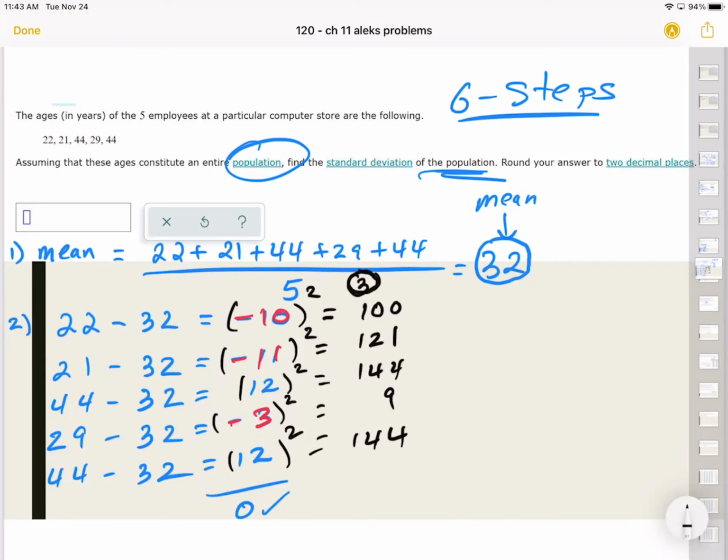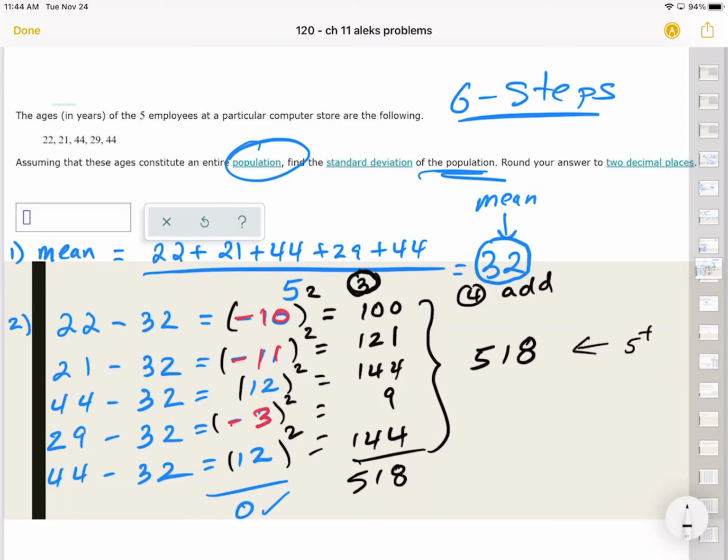And the fourth step, what do we need to do for the fourth step? The fourth step, we need to add them up. And if you add this thing up, you will have 518. And now what do you need to do? Well, remember the fifth step right here, you need to take this 518 and divide it by n.